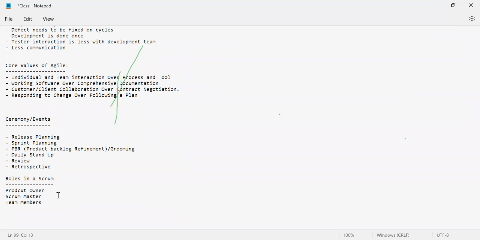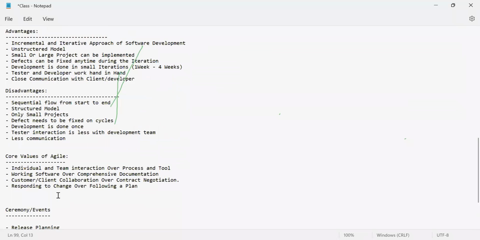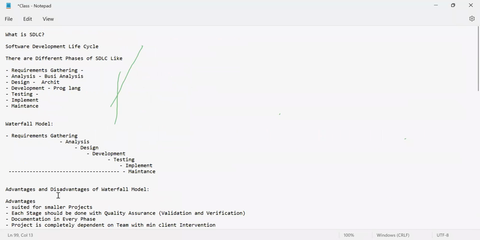Initially, what is the first phase? Requirements gathering, right? Then analysis, designing, development, testing, implementation, maintenance. So here are the roles.